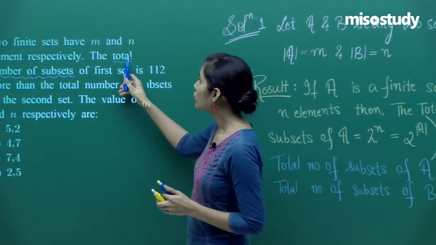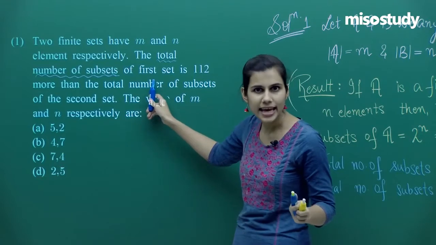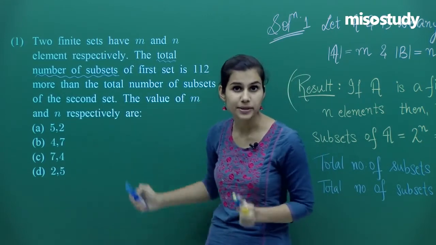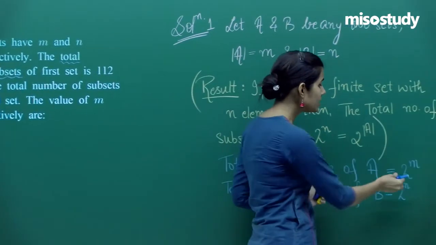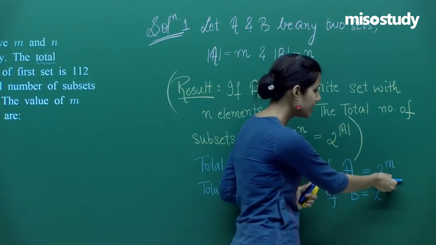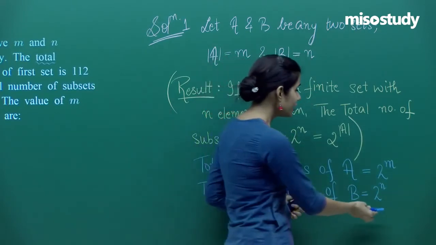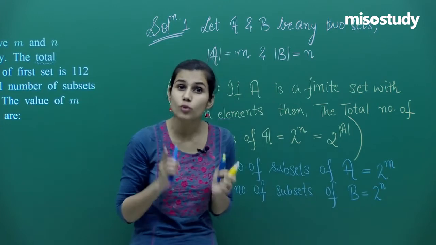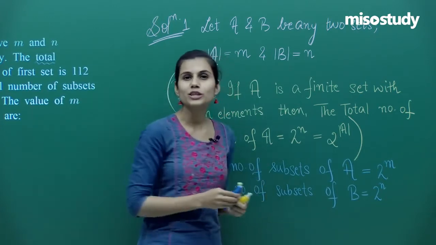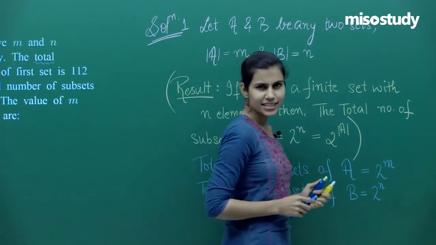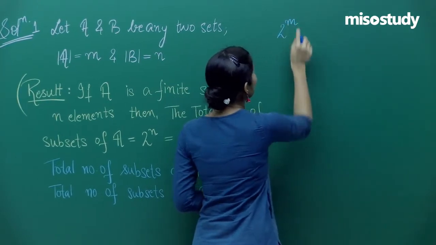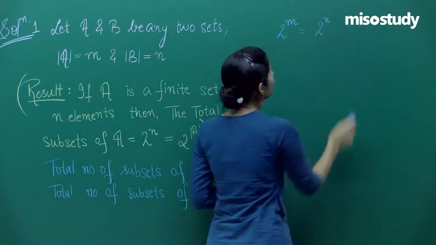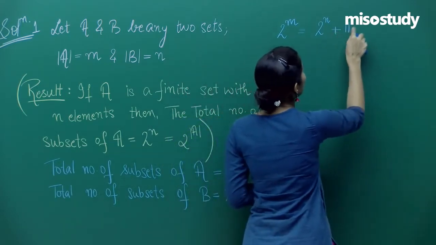The question says that the total number of subsets of the first set, which is A, is 112 more than the total number of subsets of the second set, which is set B. That means that once you add 112 to the number of subsets of B, you obtain the number of subsets of A. Therefore, what is given is that 2 to the power m, the total number of subsets of set A, is equal to the total number of subsets of set B with 112 added.